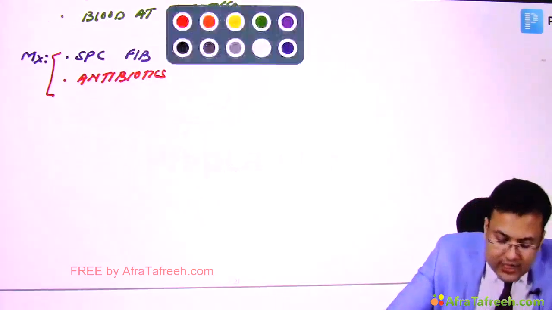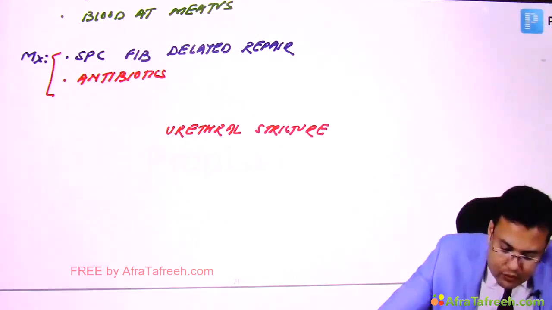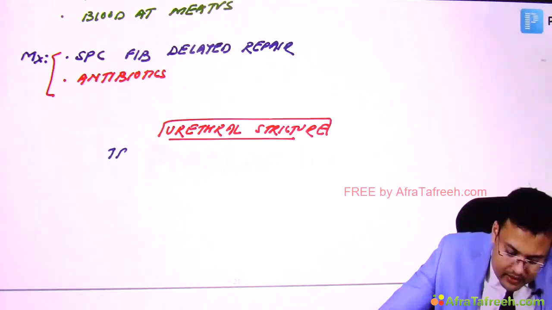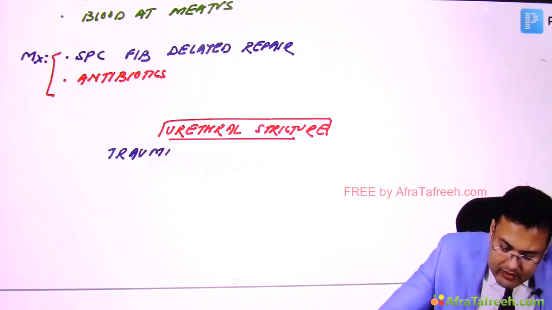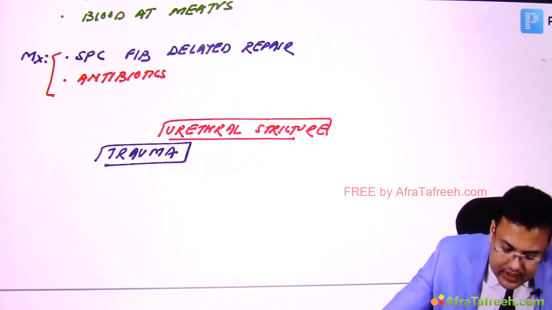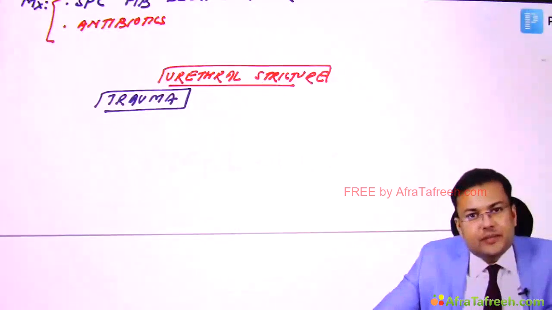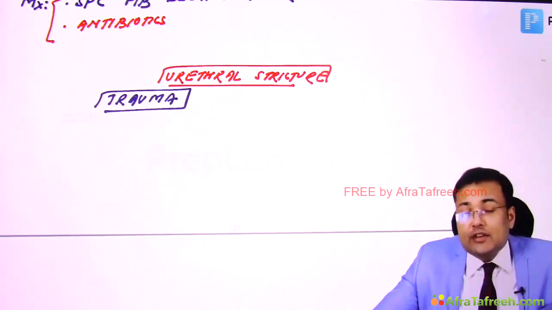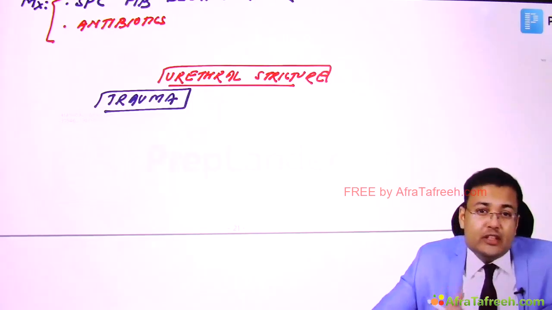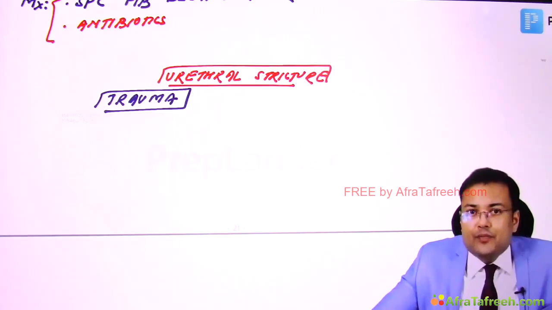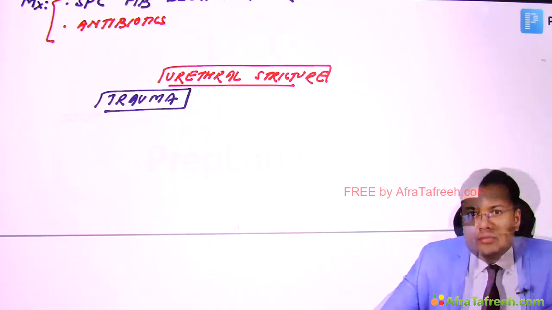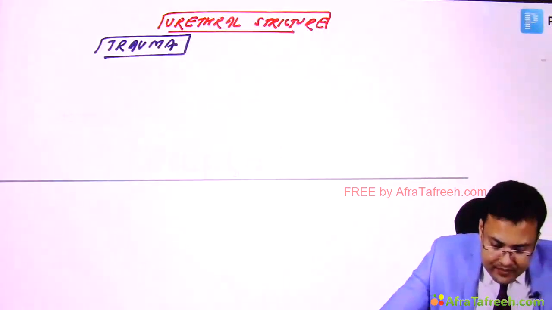Whenever a patient is coming to us with urethral stricture, we have to investigate the patient, and you must be knowing that investigation of choice for diagnosis of posterior urethral stricture is MCU and anterior urethral stricture is RGU. So very important point.